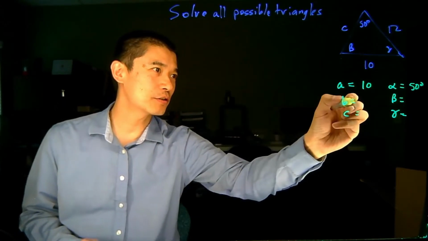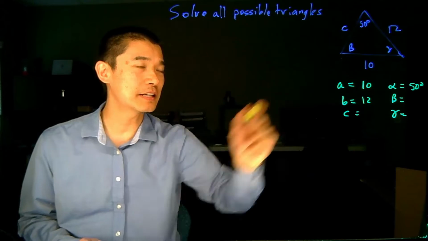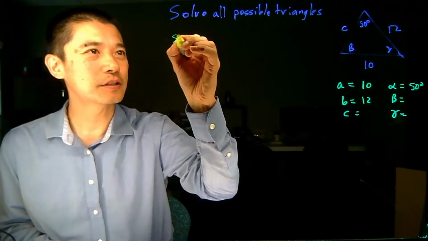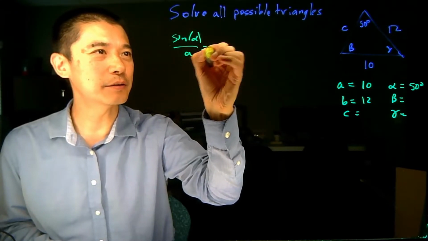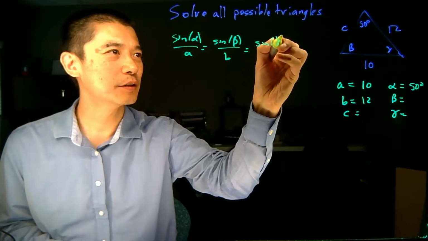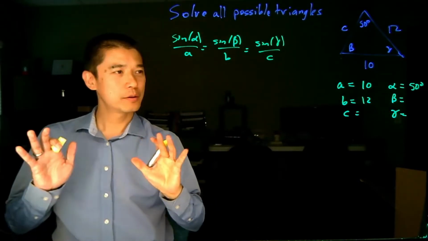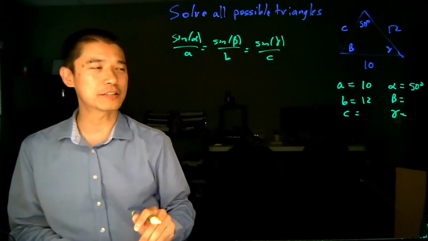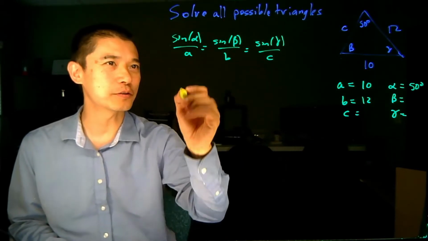Our B is 12, beta is unknown, and C and gamma are unknown. So we'll set this up the same way as we did before. Sine of alpha over A equals sine of beta over B equals sine of gamma over C. In this case, the C and the gamma are the unknown values, and so that fraction is not helpful to us, and so we'll work on the first two.